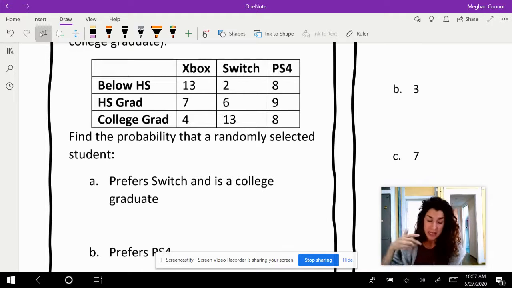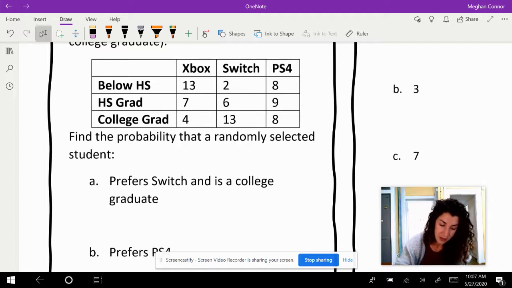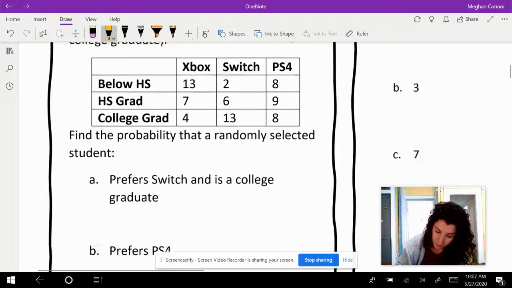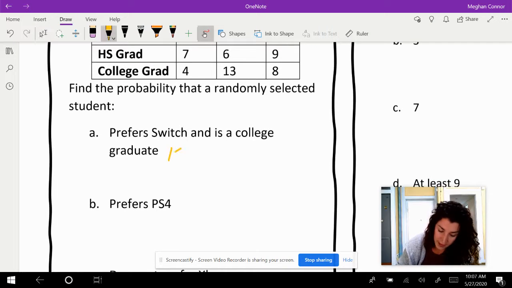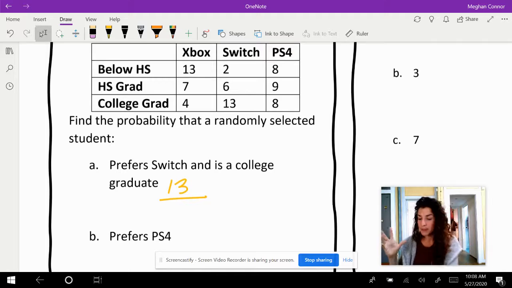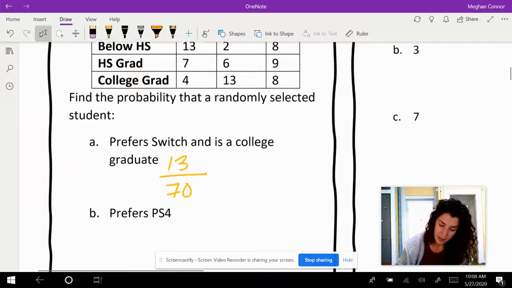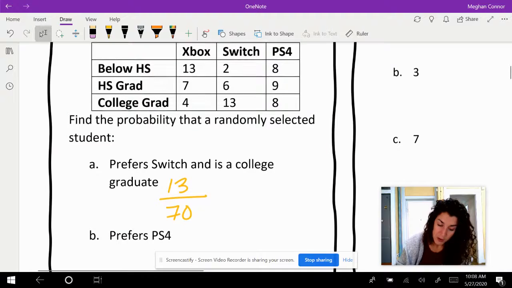So that's 13 times that this event has occurred, over the possible total number of occurrences observed, which is the total number of people in this case, 70. Next, prefers PS4.